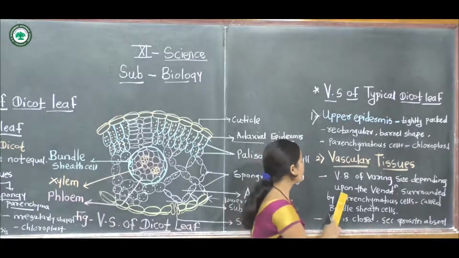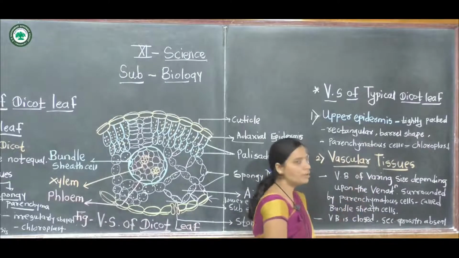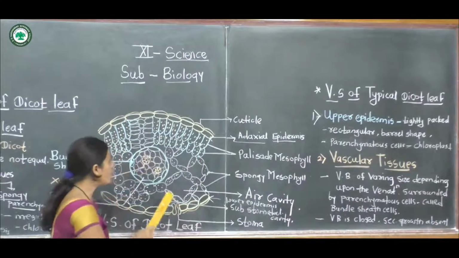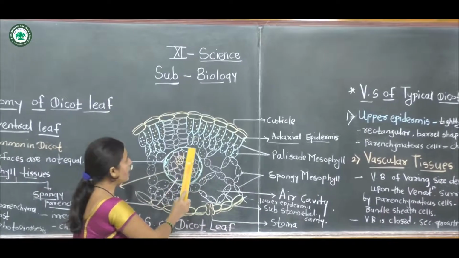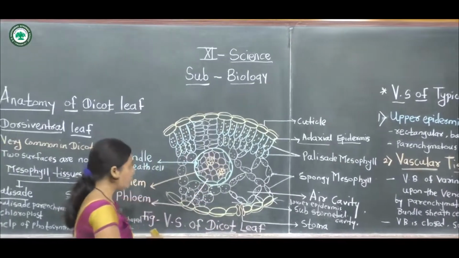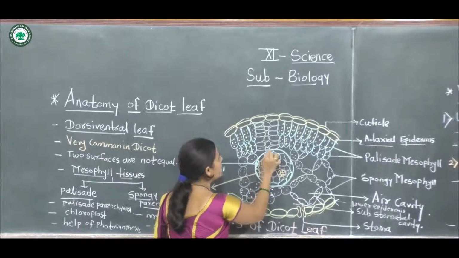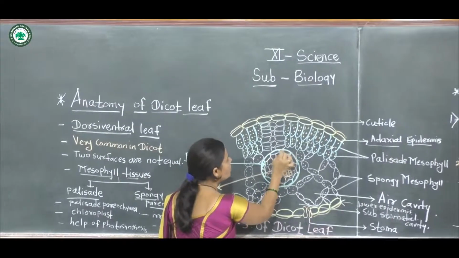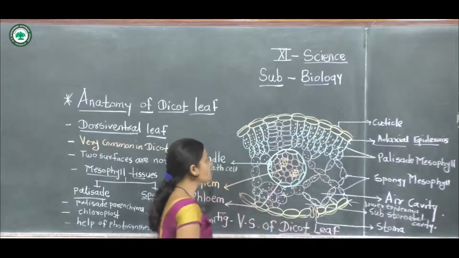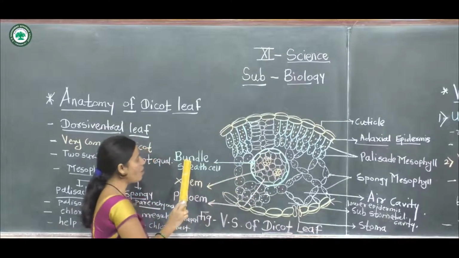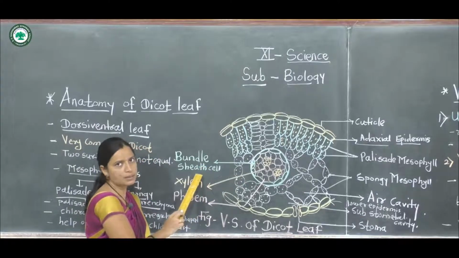This vascular bundle of the leaf is surrounded by parenchymatous cells. These parenchymatous cells of the vascular bundles are called bundle sheath cells.